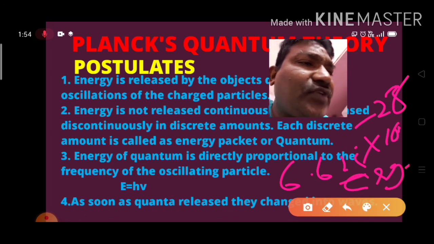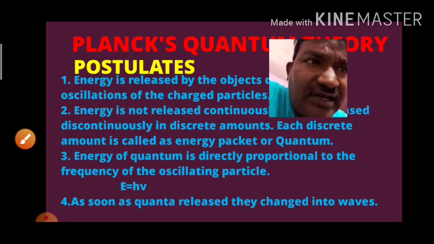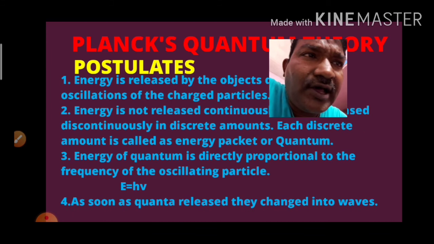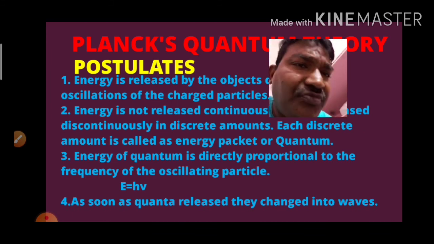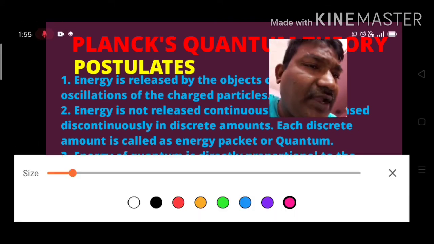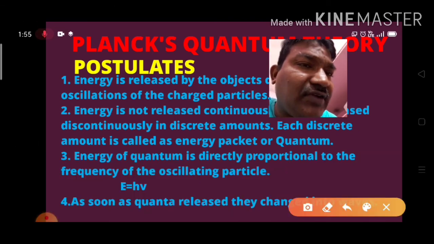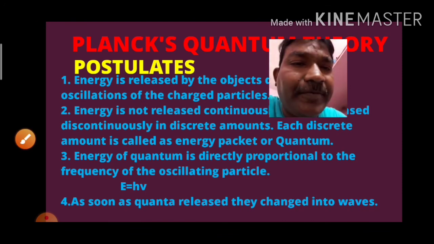So the units for the Planck's constant are erg into second or joule into second. That is the value of the Planck's constant.